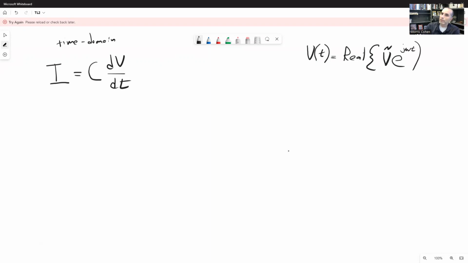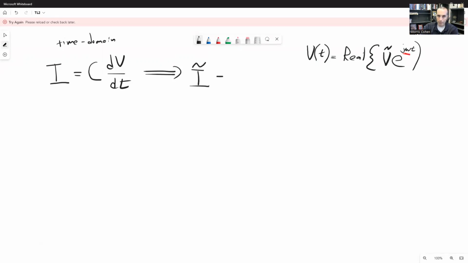The e to the j omega t just causes our initial phasor value, V squiggly, to spin around. It rotates around f times per second. And so when we take the time derivative of what's on the right side, it ends up being the same. We just have to multiply it by a j omega because this pops out of the exponent when we take the d dt.